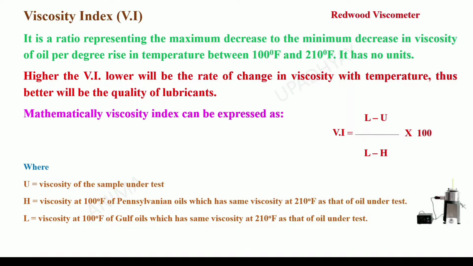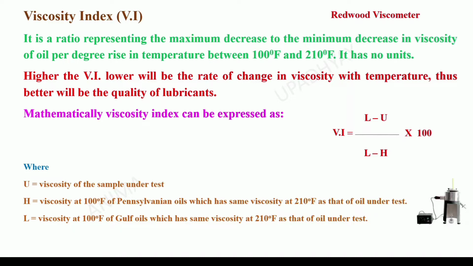Since it is a ratio, therefore it has no units. Higher the viscosity index of the oil, lower will be the rate of change in viscosity of the oil with temperature. And better will be the quality of the lubricating oil.